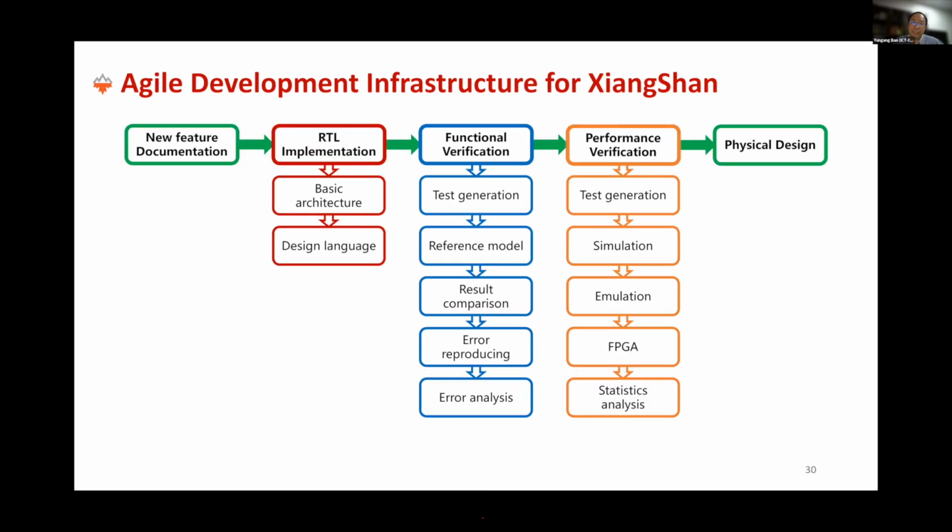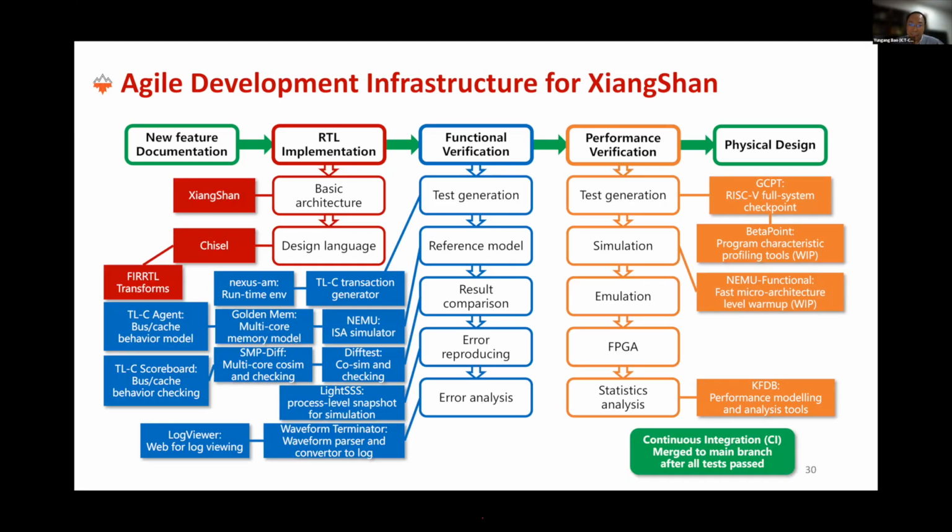Putting it all together, we have built an agile development infrastructure for Xiangshan. Here is the flow, and those are the tools. We have the self-built tools for the agile development flow.